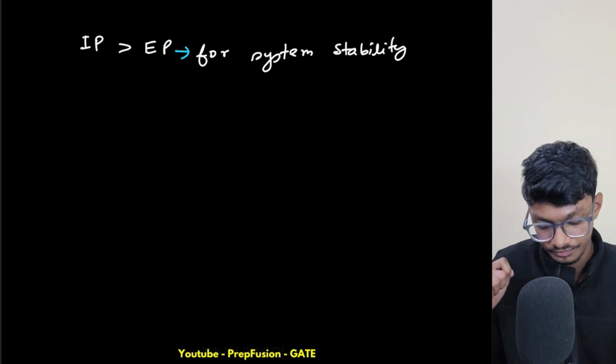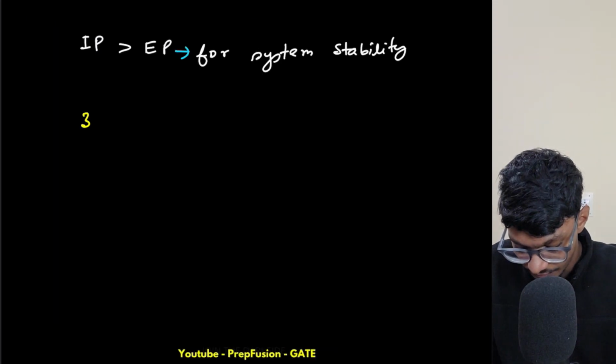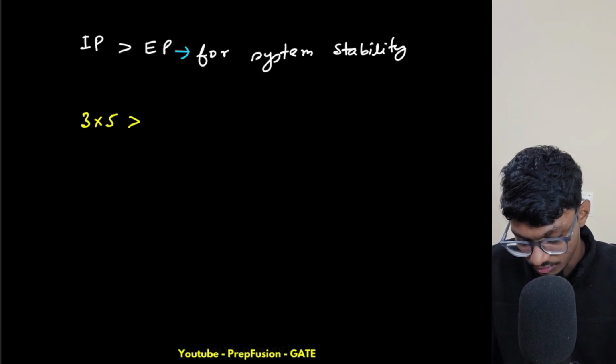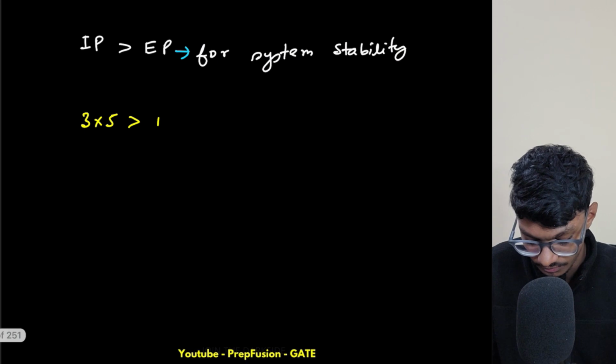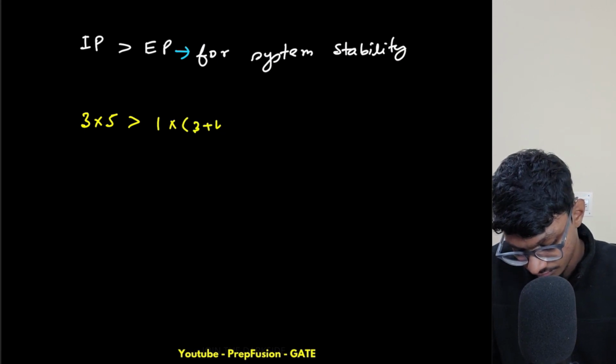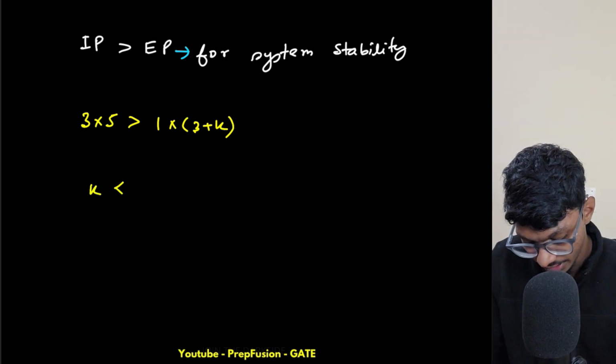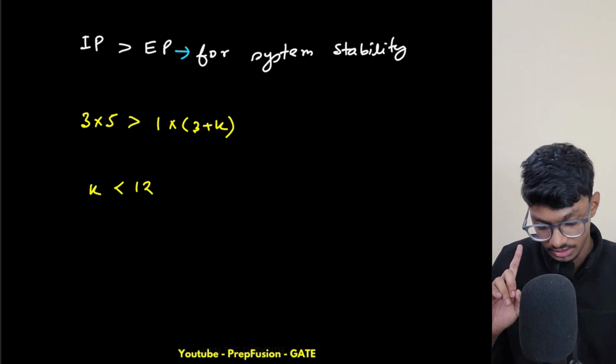What is the internal product? 3 times 5, which should be greater than the external product, that is 1 times 3 plus k. So my k from this inequality should be less than 12 for stability.